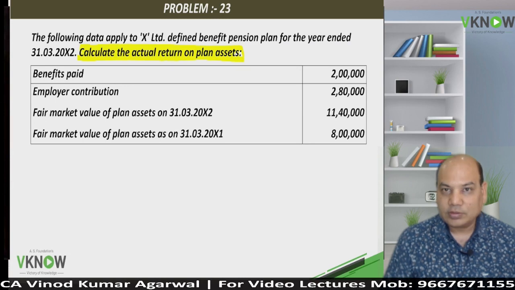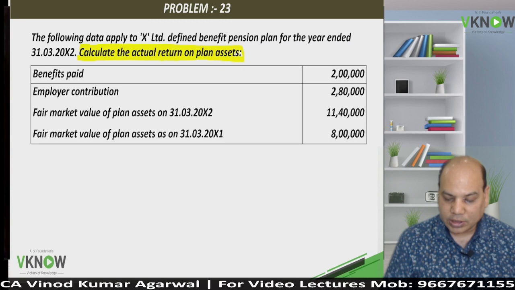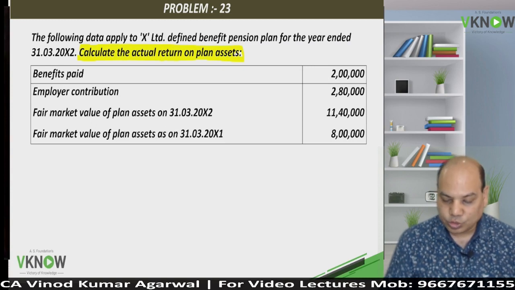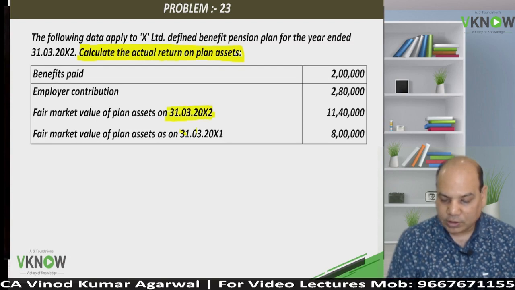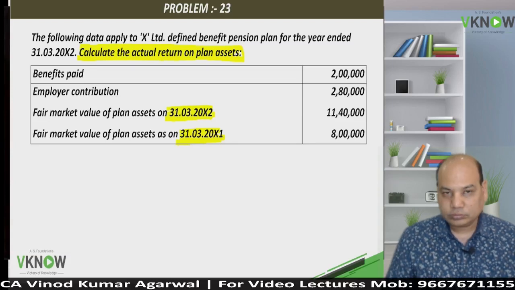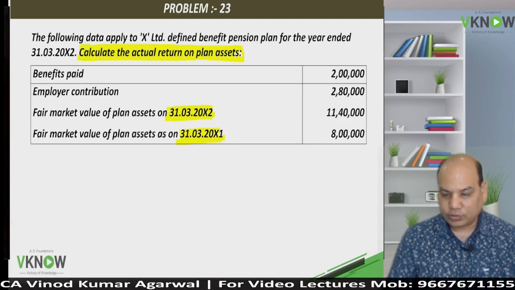Benefit paid is given, employer's contribution is given, fair market value of plan asset on 31st March 2002 is given, that is closing balance, and fair value on 31st March, that is opening balance. Now there are two ways I can do it for you.